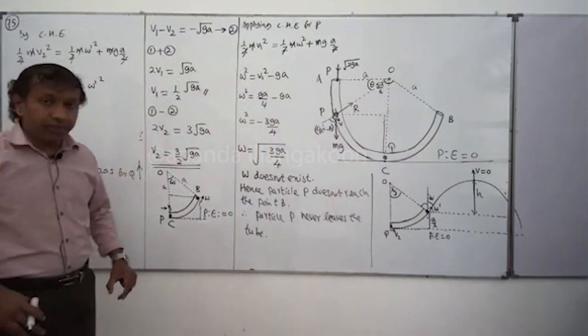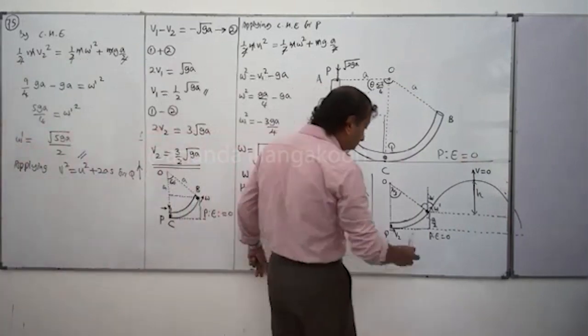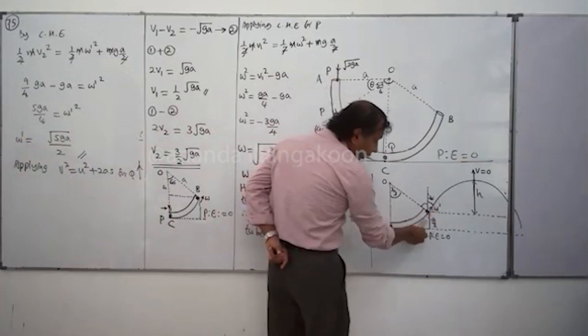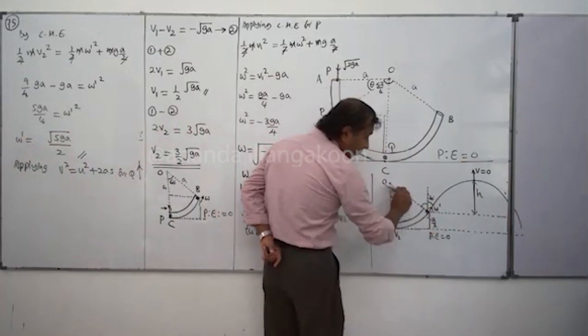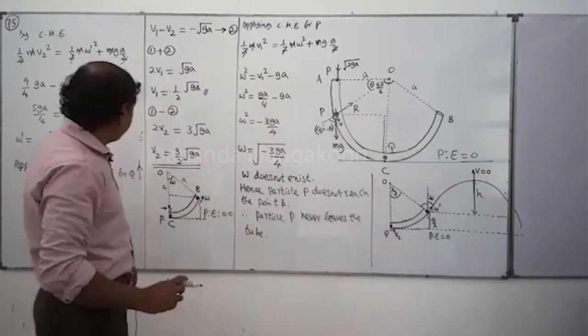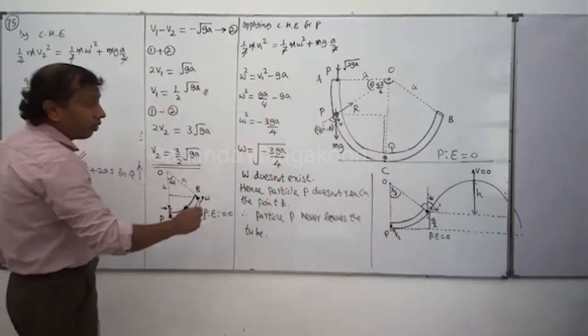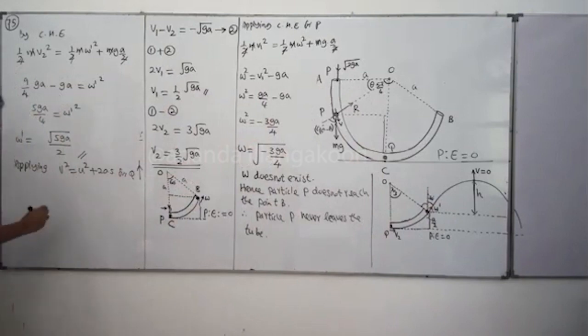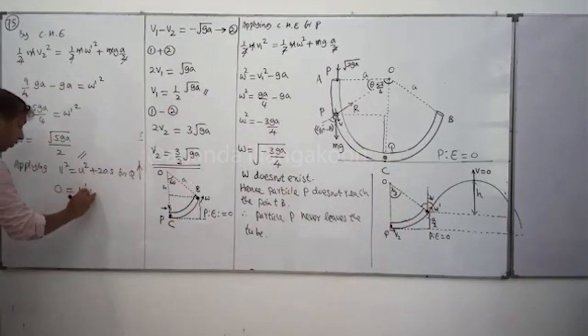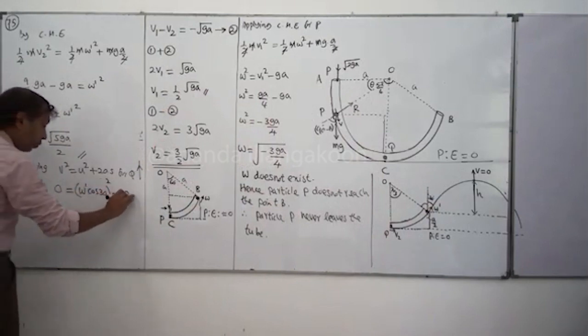What is the initial velocity in the upward direction? Now you know W dash. That W dash direction is perpendicular to this radius. Then W dash cos 30 is the vertical velocity component. At the highest point, the vertical velocity component of the particle Q is 0. Therefore, v squared is 0. U means W dash cos 30 whole squared, minus 2gh.